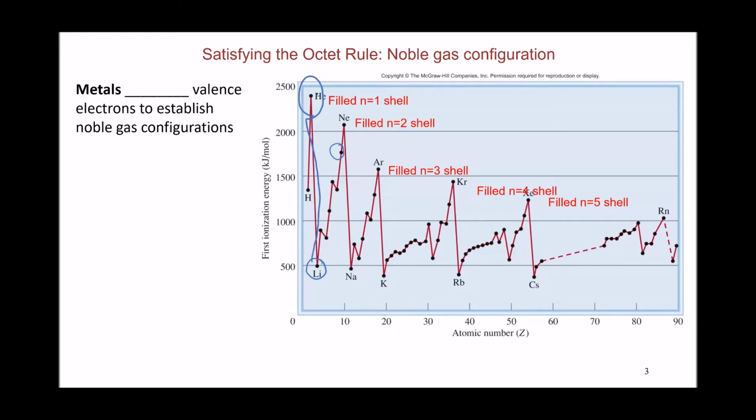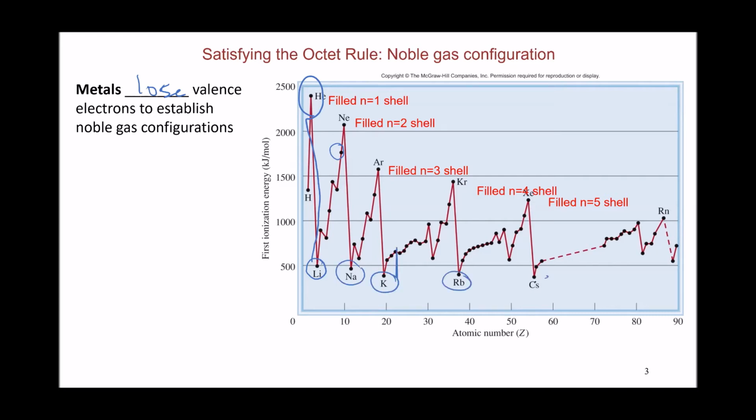Okay? So it prefers losing valence electrons to establish the stable noble gas electronic configuration. And in this case, it's going to be forming a cation, and this is going to be a positive cation.